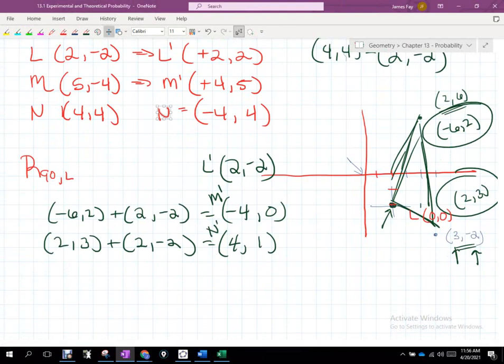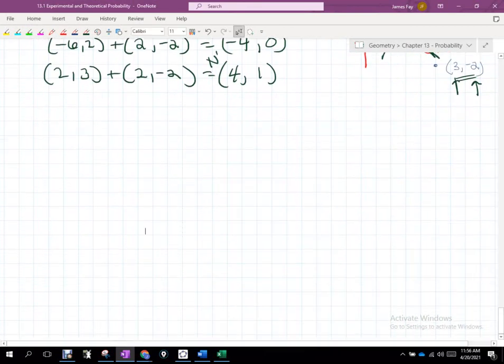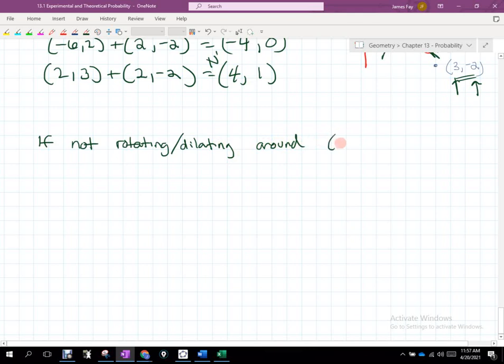And this is holistically for dilations and rotations. I'll give you some quick instructions here. If you're not rotating or dilating around 0, 0, then this is what you do.